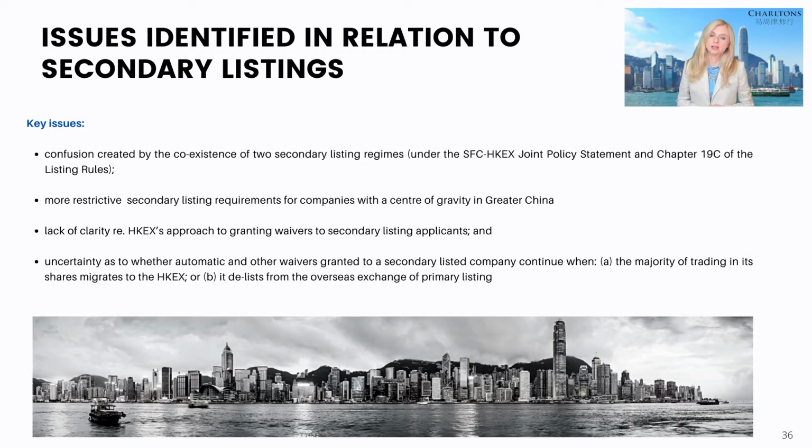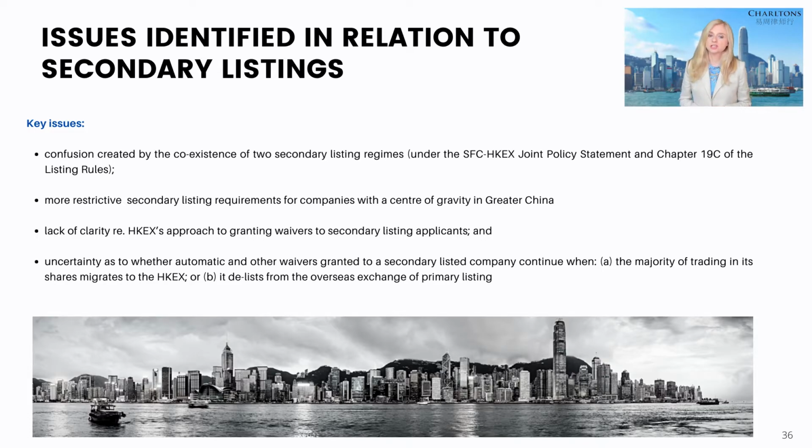Moving on to the Hong Kong Exchange's proposals in relation to secondary listing, the consultation paper identifies a number of issues. First, the coexistence of two secondary listing regimes under the Joint Policy Statement and under Chapter 19C is considered confusing. Secondly, the requirements for secondary listing are more restrictive for companies with a centre of gravity in Greater China than for those with a centre of gravity outside Greater China.